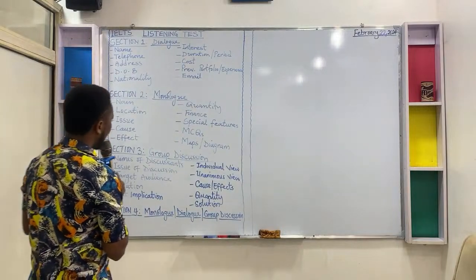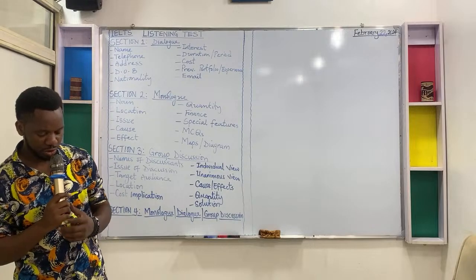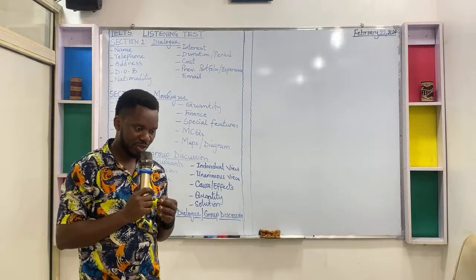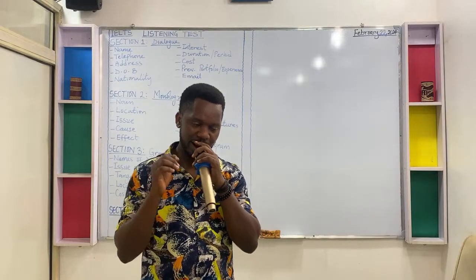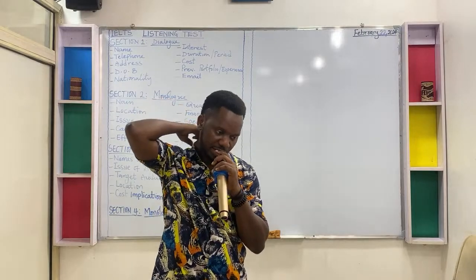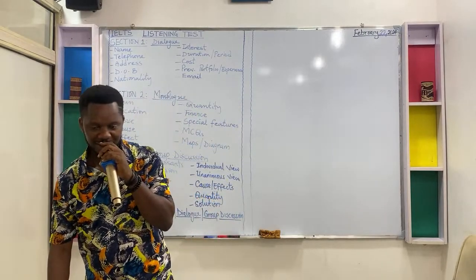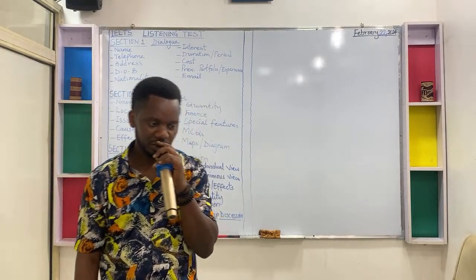So you have to apply the bracket trick. For the bracket trick, if the audio says August the 6th, you are to write August, then 6, then in bracket put TH as suffix to the 6.